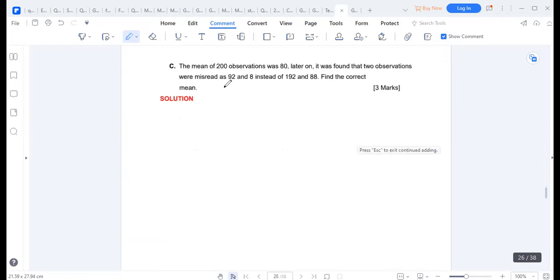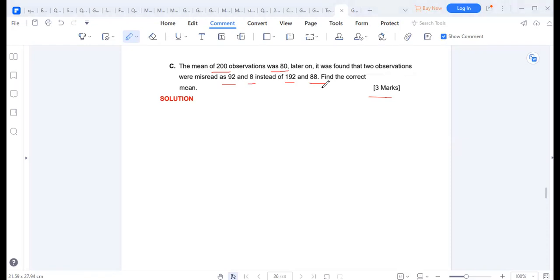So now let's try to do this together, 3 marks. We're told that the mean of 200 observations was 80. It was found that 2 observations were misread as 92 and 8 instead of 192 and 88. So now grammar is very important in this regard.